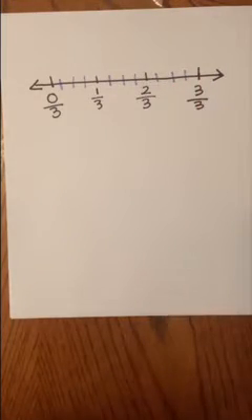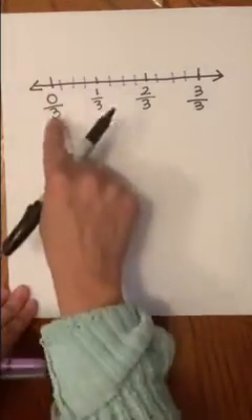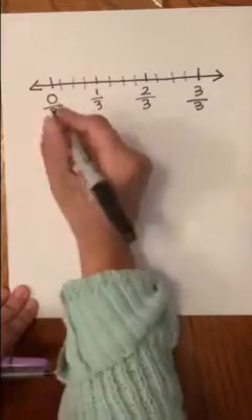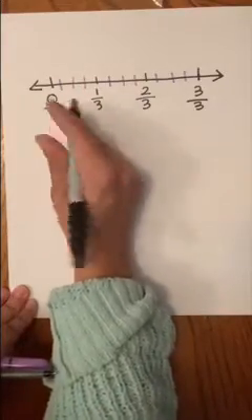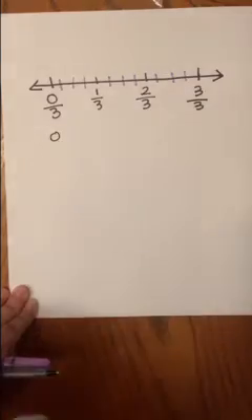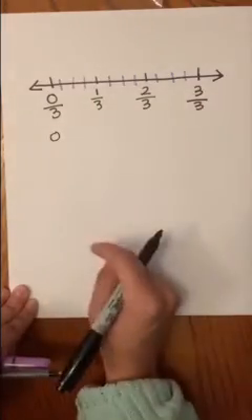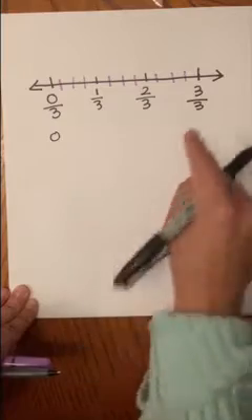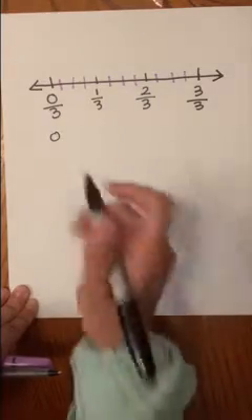Now my whole is 12. So that means, I'm going to go ahead and write it here underneath. That means that my 0/3 will be 0 what? If I changed my number line, if my whole is no longer 3 and now it's 12. Twelfths, right?